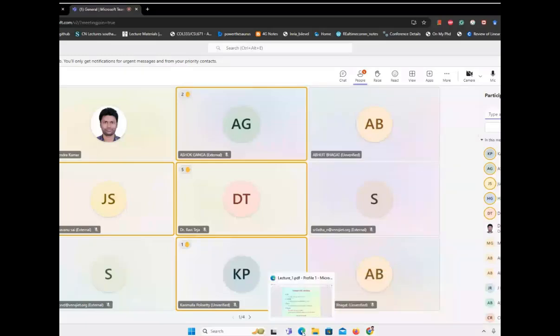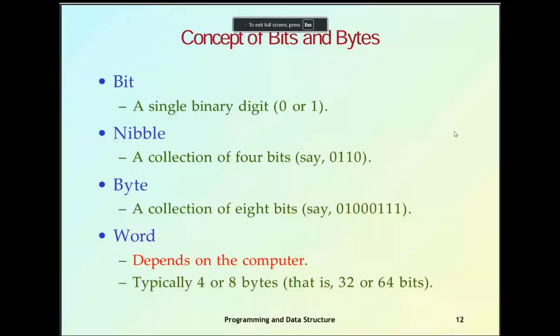So now we were discussing the bits and bytes. As I said, the single binary digit that one can store in computers is a bit, and one can club 4 bits to create a nibble.